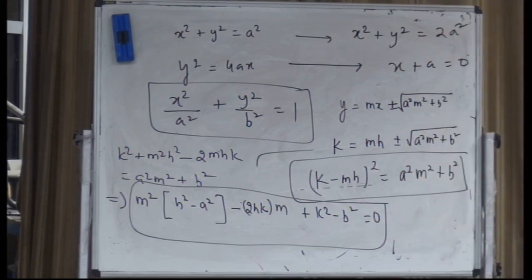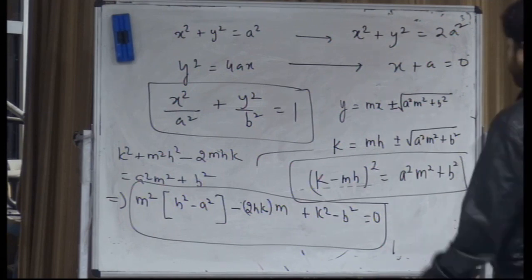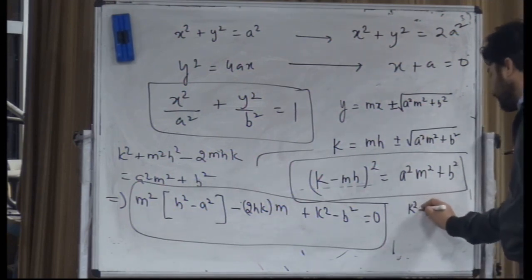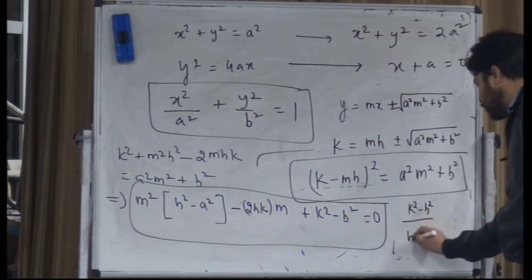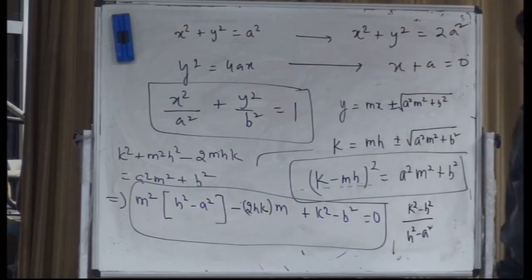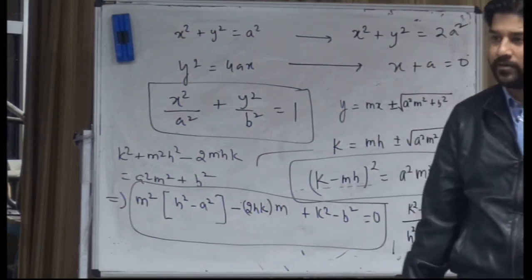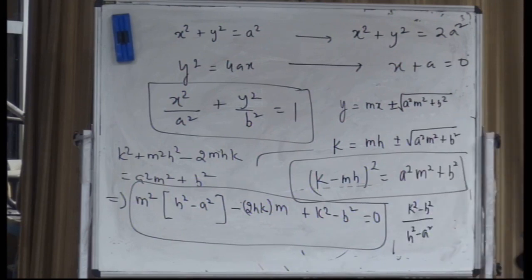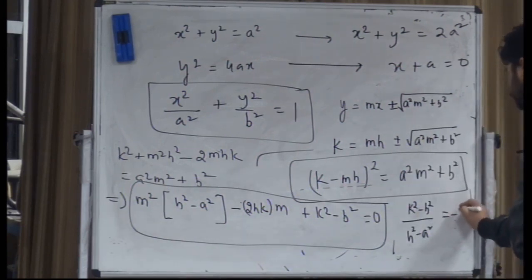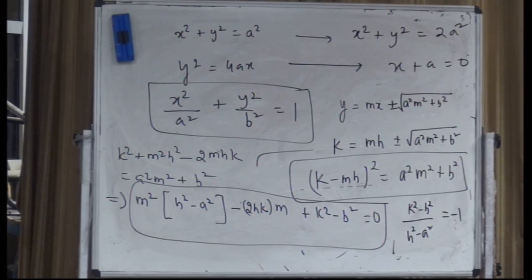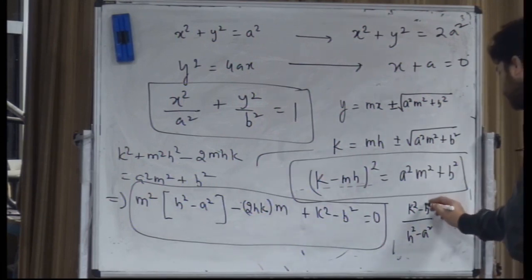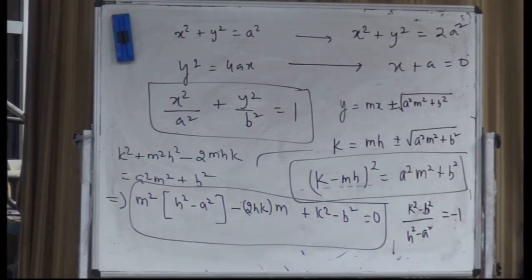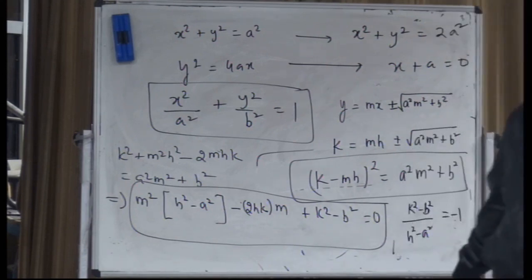Now what you want? These two tangents to be perpendicular, which means m1 into m2 should be minus 1. And what is m1 into m2? Product of roots, which is going to be k square minus b square upon h square minus a square. You know the quadratic equation's product of roots is c by a, so the same concept is equal to minus 1. So I got k square minus b square is equal to minus h square plus a square, this is the locus.